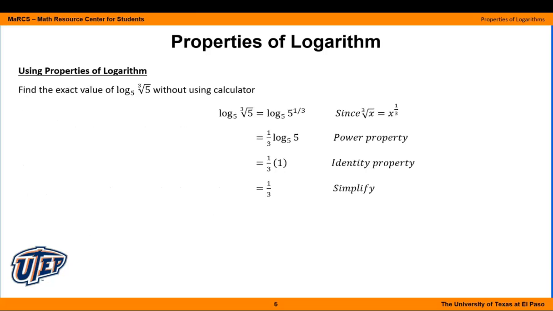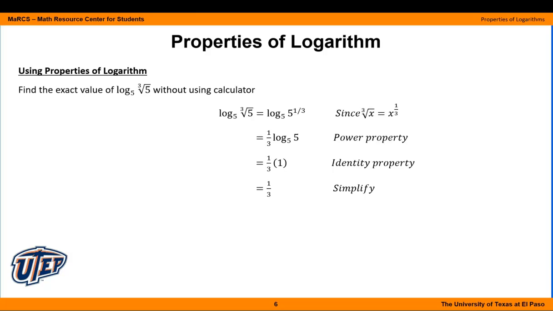Now let's find the exact value of the log of base 5 of the cube root of 5 without using a calculator. First, rewrite the cube root using a rational exponent. The cube root of 5 is the same thing as 5 raised to the power of 1/3.